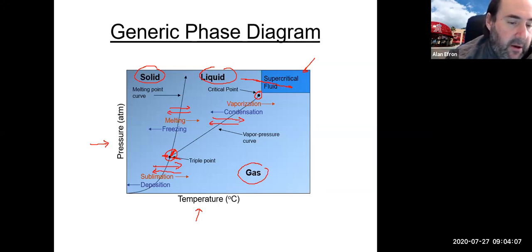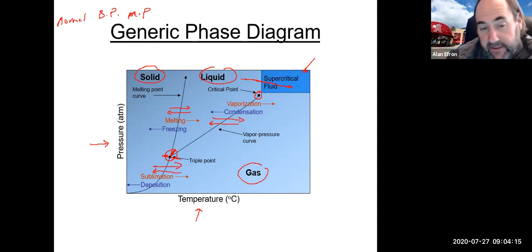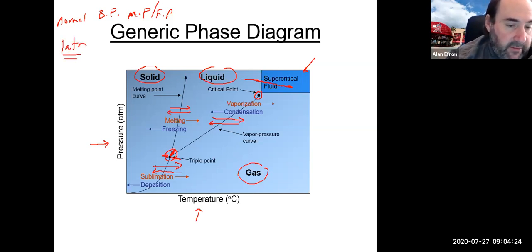So when we talk about normal boiling point, melting point, freezing point, when we talk about normal pressure, it is 1 atmosphere.